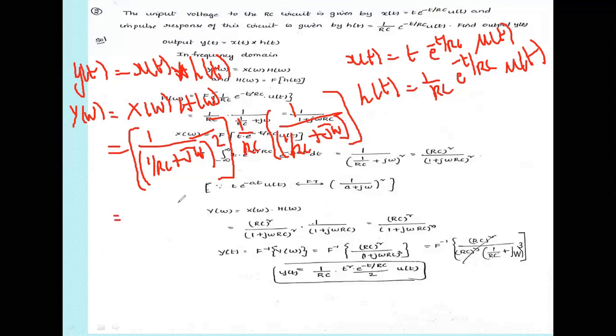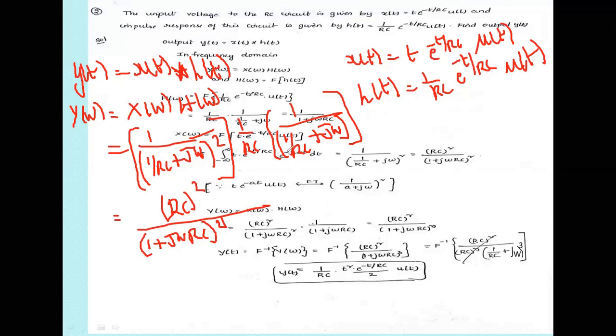That is equal to, taking the LCM of RC and RC square, RC whole square, and in the denominator we have 1 plus j omega RC whole square in this first one.